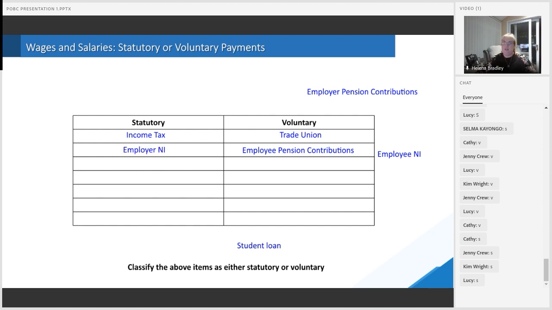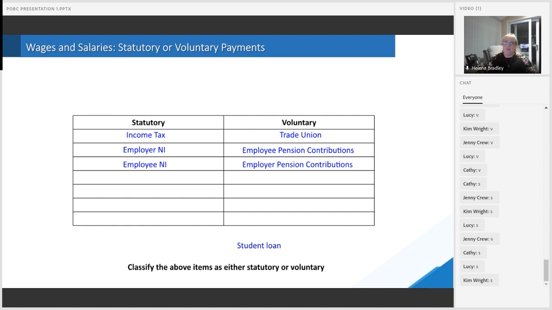What about the employer pension contributions? The employers have to offer a scheme, but their contribution is generally driven by whether the employee makes the payment. I've gone a little bit too far.